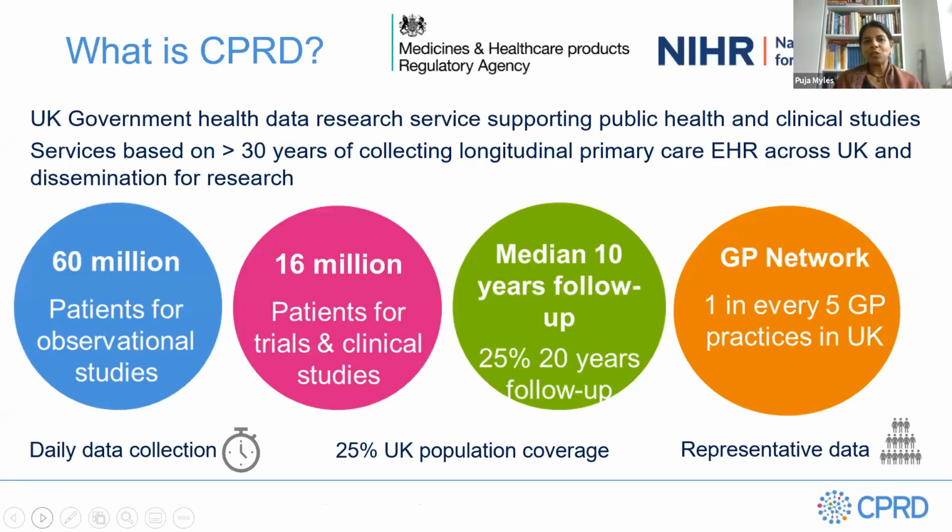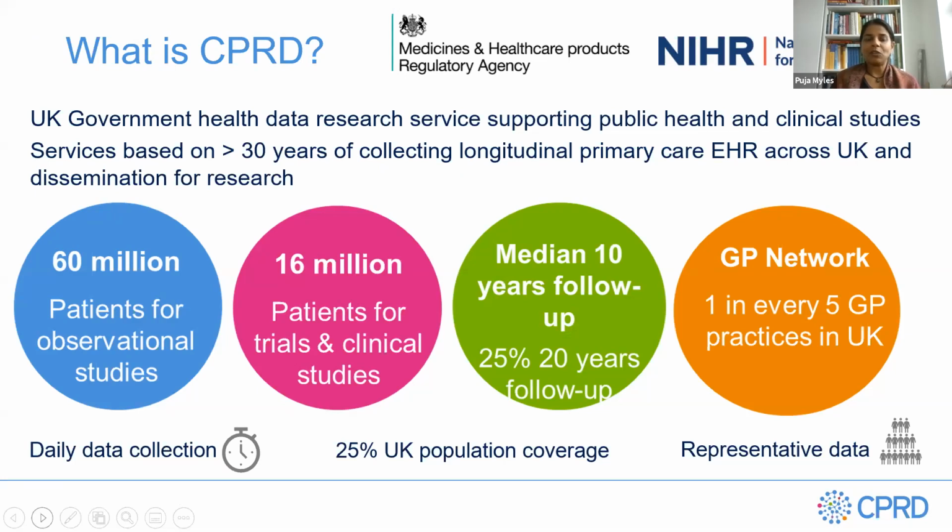Now, for those of you who may not be aware of CPRD, CPRD stands for the Clinical Practice Research Data Link. It is a UK government health data research service. We are a centre of the MHRA, which I'm sure in the current context, everyone is aware of the MHRA's role.